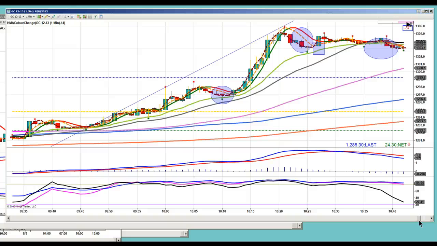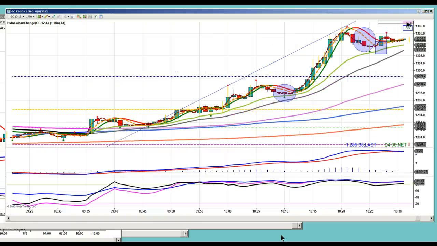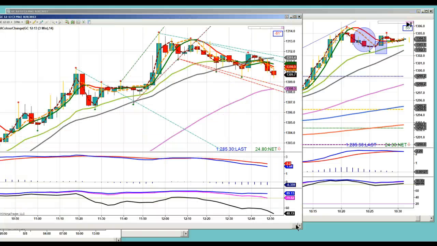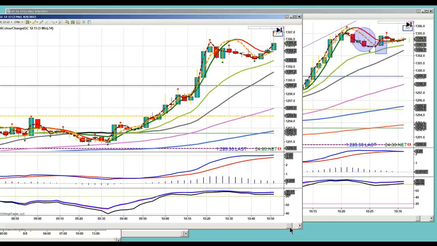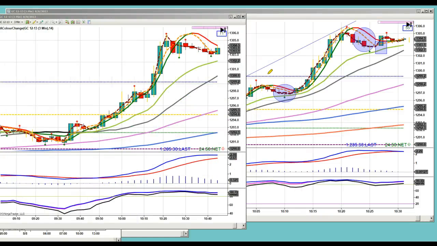is when we start to bring the 3-minute chart into the mix. So let's take a look here. If you notice here, if we just compare the 3-minute to the 1 minute, you're going to see that as a counter trend, I'm not going to really consider this one as a really great opportunity.